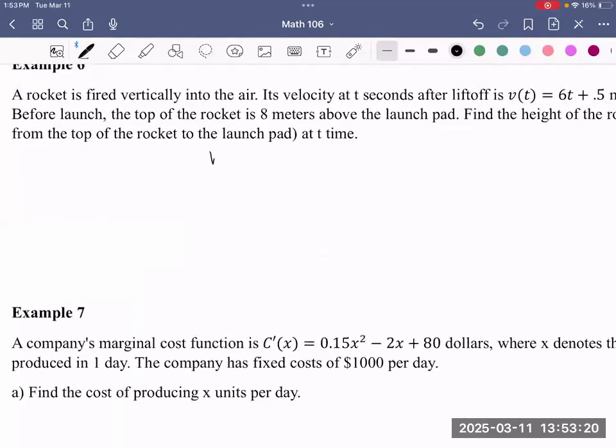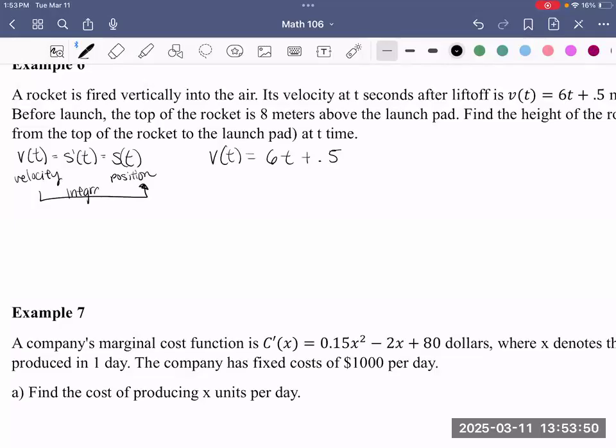So we have, first off, your velocity. We have v of t is equal to 6t plus 0.5. So velocity, we said, is the first derivative of your positional function. Position, and this is velocity. So now if we work backwards to integrate, we can go ahead and get your positional function.